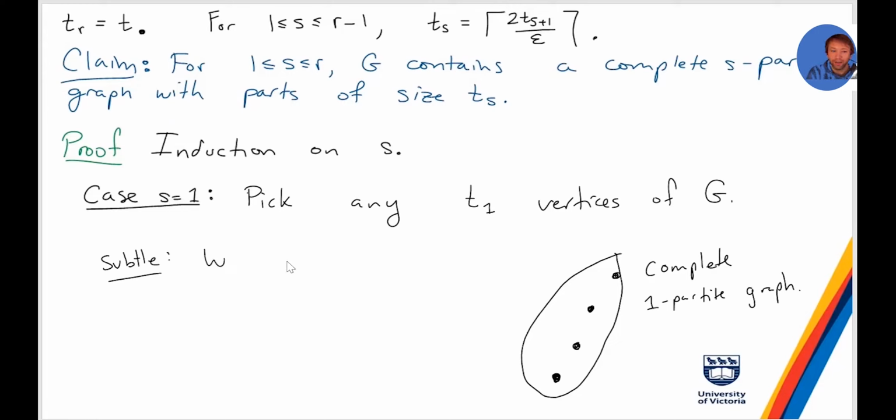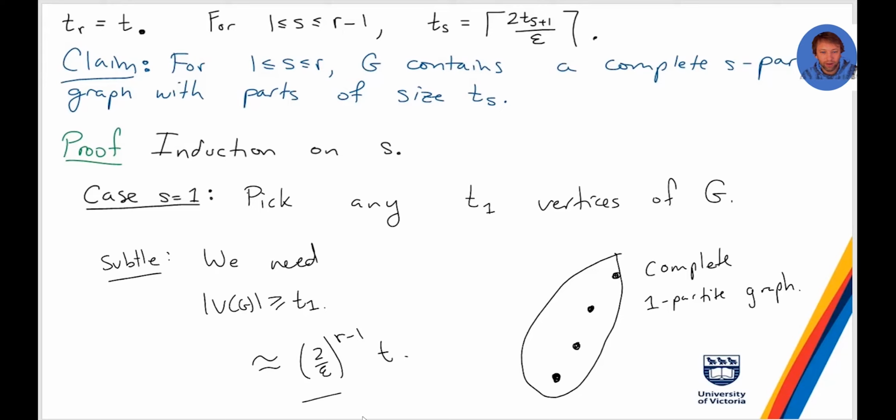Here's a subtle thing. This tells you that we need the number of vertices in G to be at least T_1, which is like (2 over epsilon) to the R minus 1 times T or something.